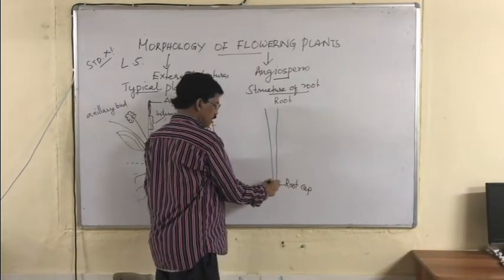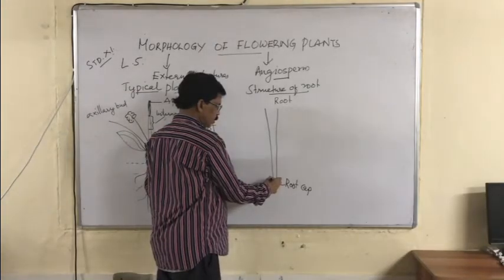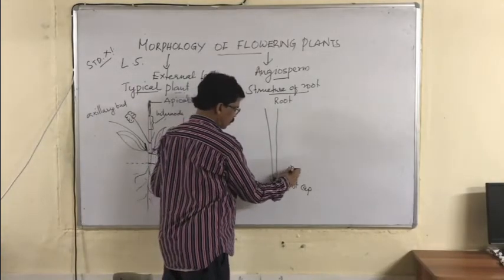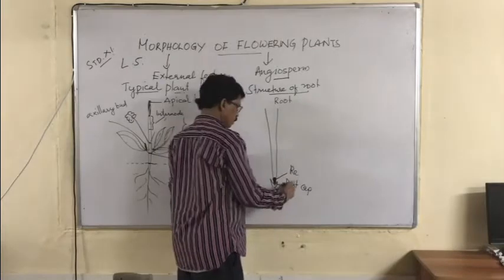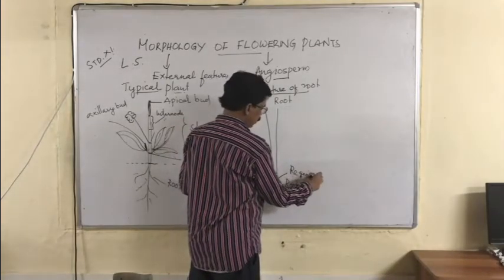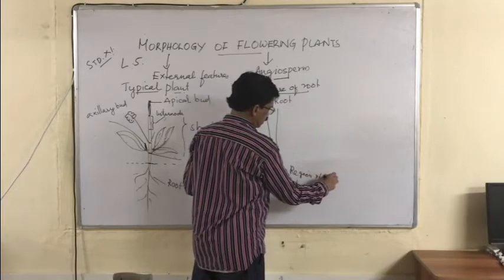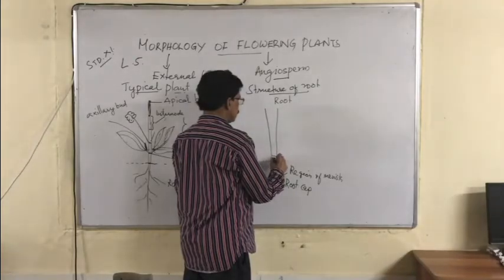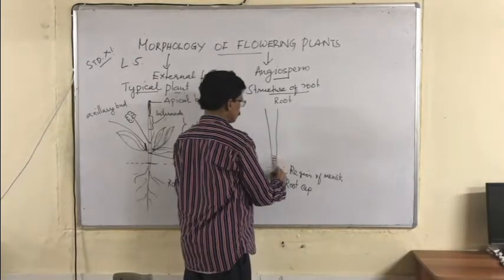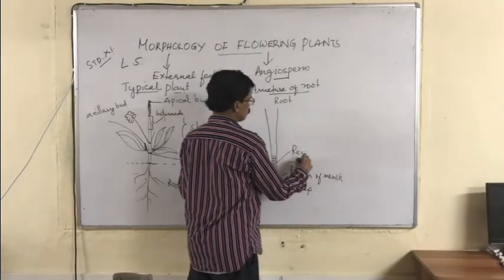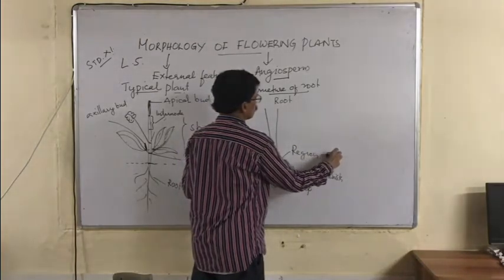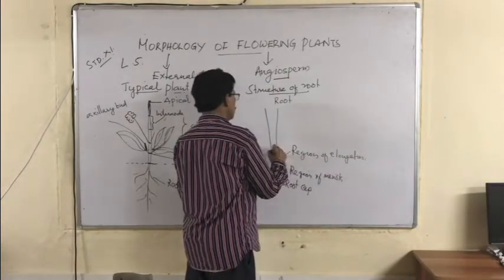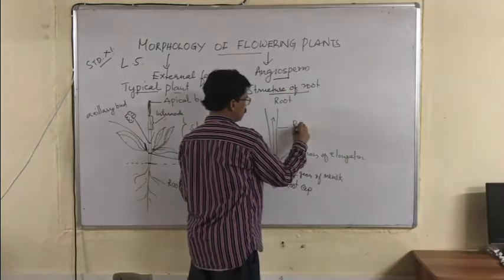Then the region of meristem, or meristematic region. The adjacent region above this is the region of elongation. Then the region above this is called the region of maturation.